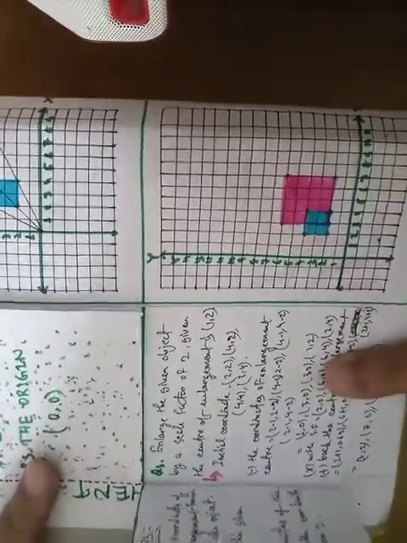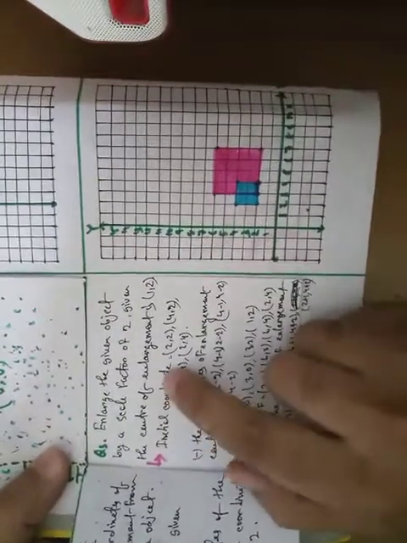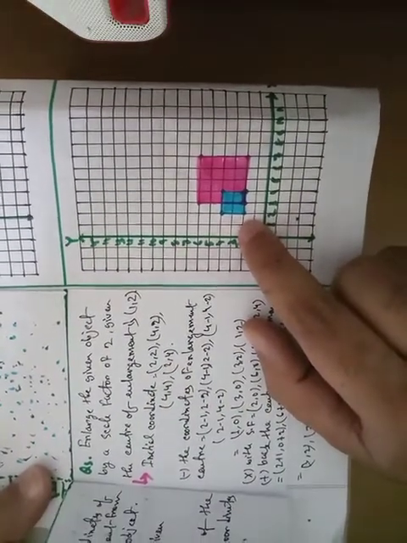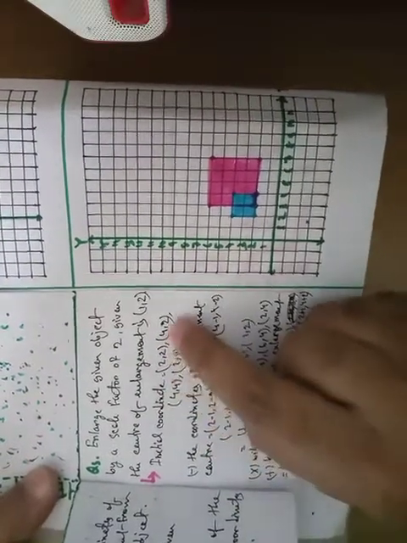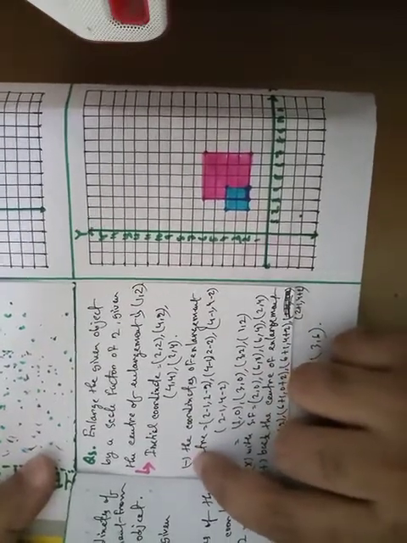Now if we read through the steps, first we write down the initial coordinates, which we can easily find from the coordinate grid. So the initial coordinates are (2, 2), (4, 2), (4, 4), (2, 4). Now step number 1 is subtracting.